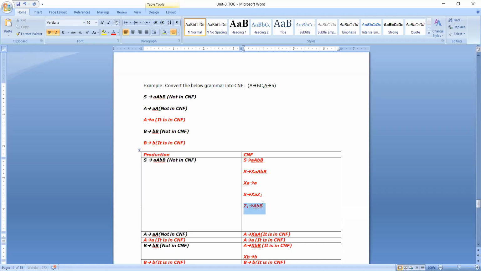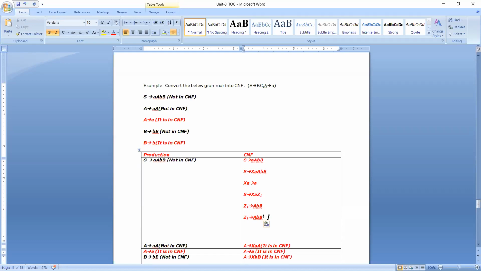Z1 derives to capital A Z2. Now I need to specify what Z2 is.